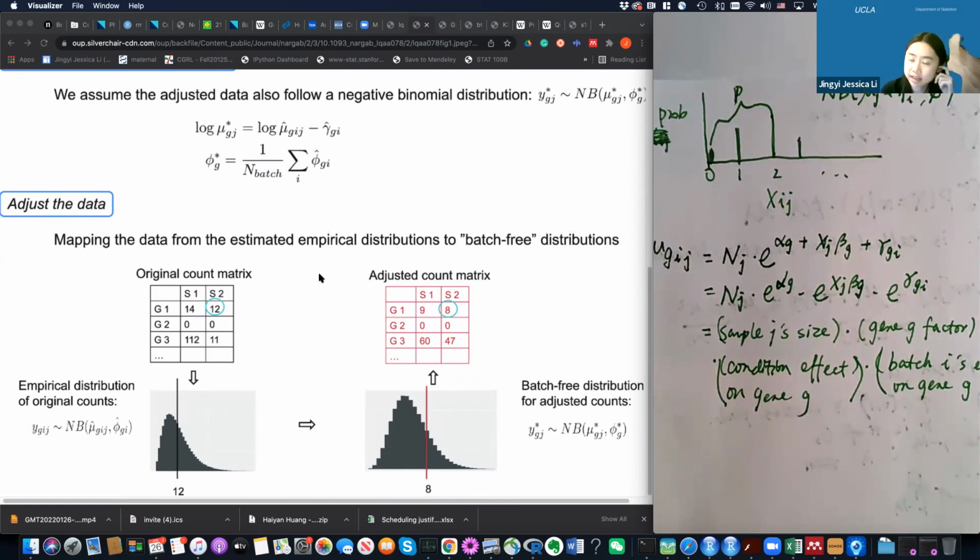Okay, if I interpret your question correctly, you're saying that this is assuming the negative binomial distribution fits the data well, right?